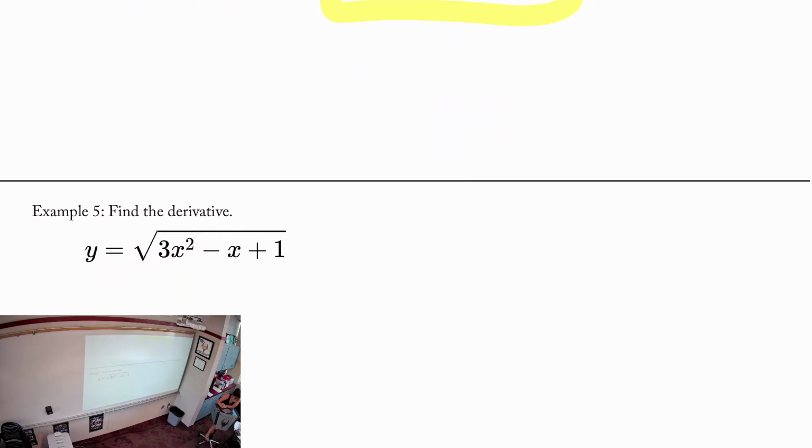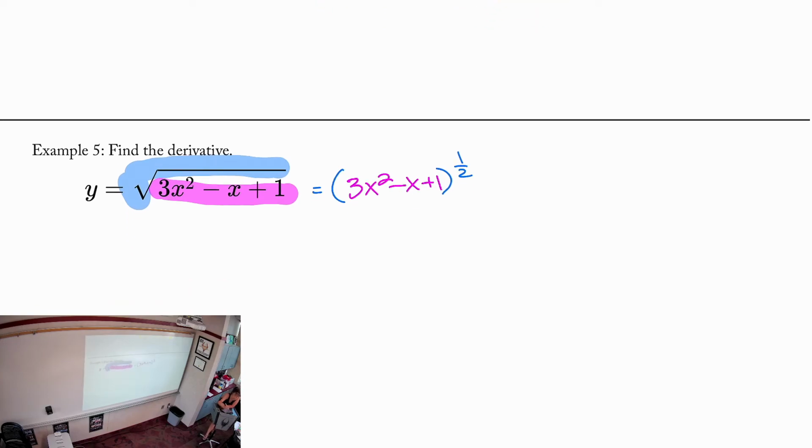Alright. Your outside function is your square root. Your inside function is what's underneath the root. Yes. I would rewrite this to the 1/2 power, just like I did everything else. And then I take the derivative.